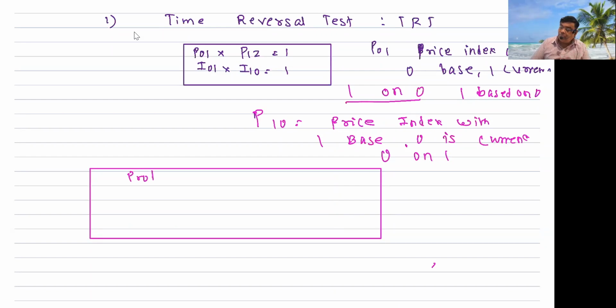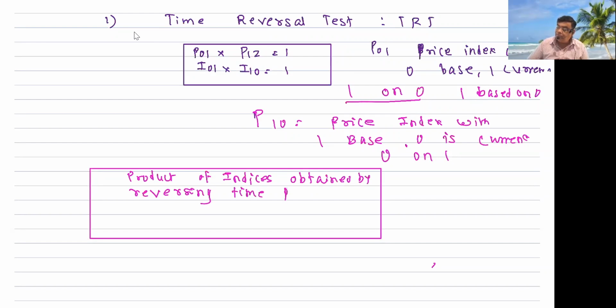It is the product of indices obtained by reversing the time periods, which is equal to 1. प्लीज ये एक MCQ हो गया.